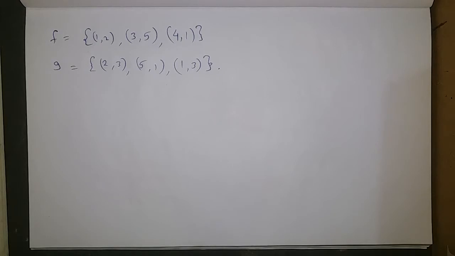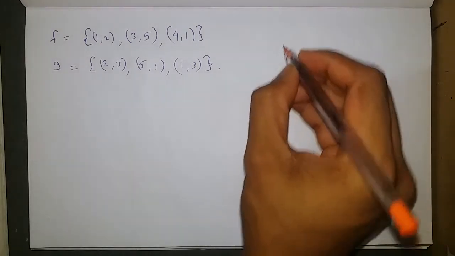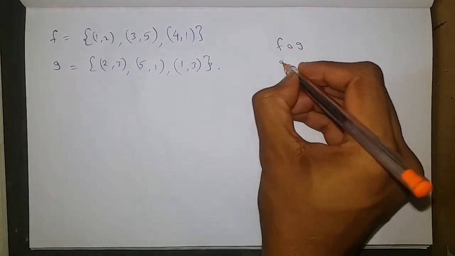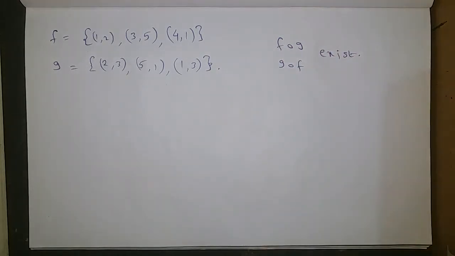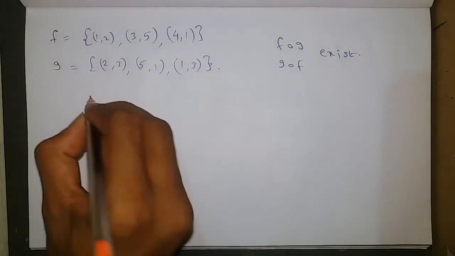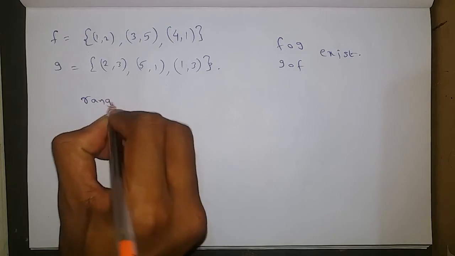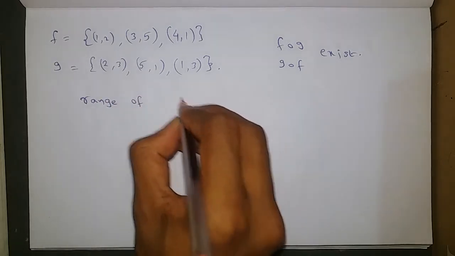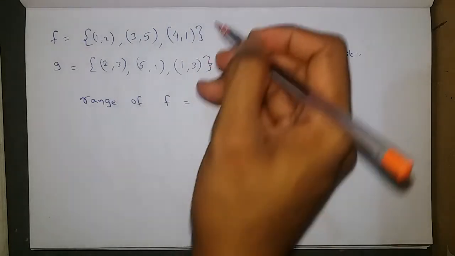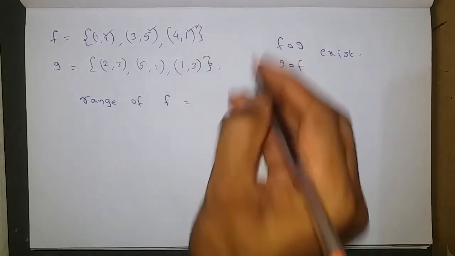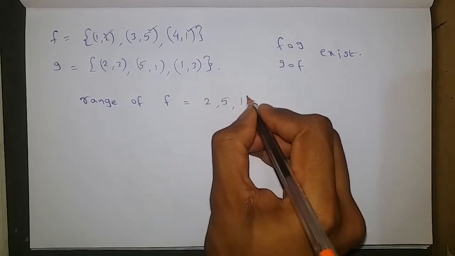So first, check whether f of g as well as g of f exist or not. This is compulsory. First we need to check whether f of g or g of f exist or not. So let us check now once. Now I am finding the range of f. Range is nothing but the second element. So the second elements are 2, 5, 1.